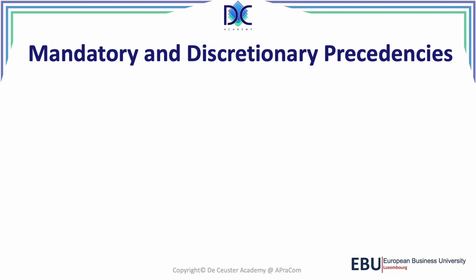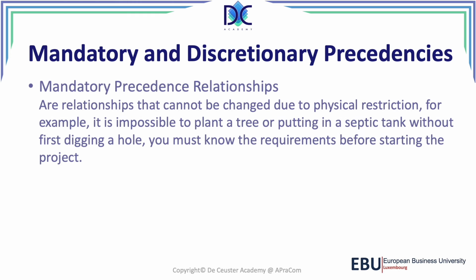We also look at mandatory and discretionary precedences. A mandatory precedence relationship is a relationship that cannot be changed due to physical restrictions. So, for example, it's impossible to plant a tree or put in a septic tank without first digging a hole. So these are elements that we have to understand.